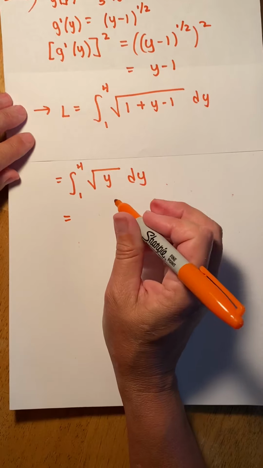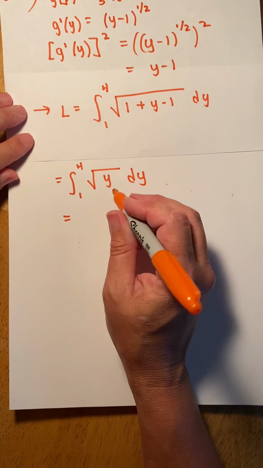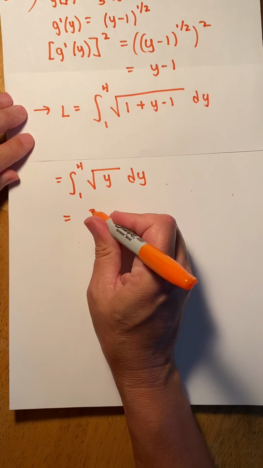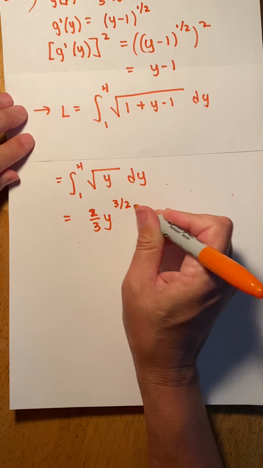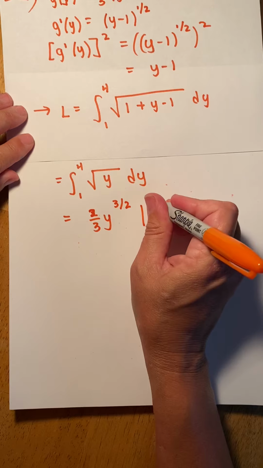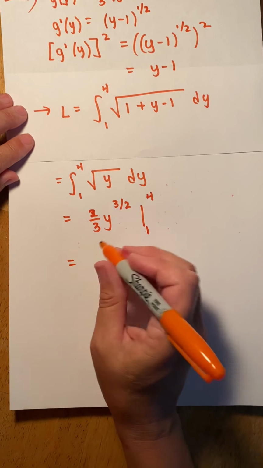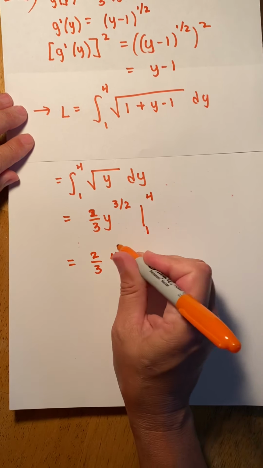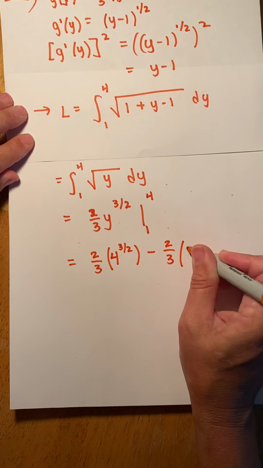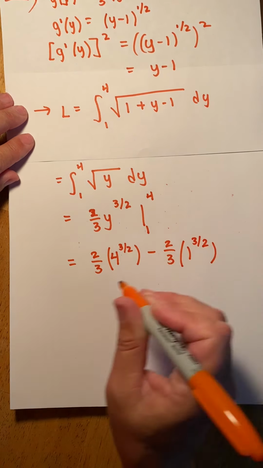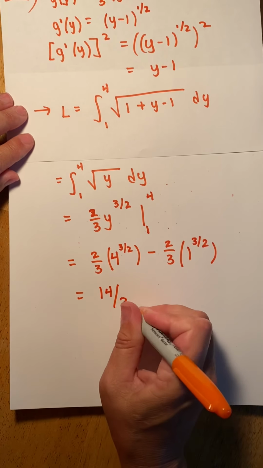The antiderivative of the square root of y is, whoops, 2/3 y to the 3/2. We evaluate that from 1 to 4, and you do the work. 2/3 times 4 to the 3/2 minus 2/3 times 1 to the 3/2, and you should get 14/3.